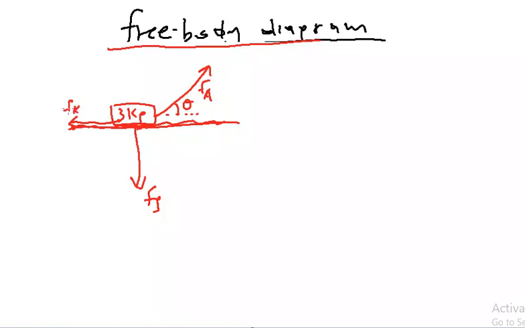So Fk will always act parallel to the surface and is opposing the motion. Then we have the normal force, which is perpendicular to the surface by definition, acts perpendicular to the surface. This one we call the force diagram because it's an object.